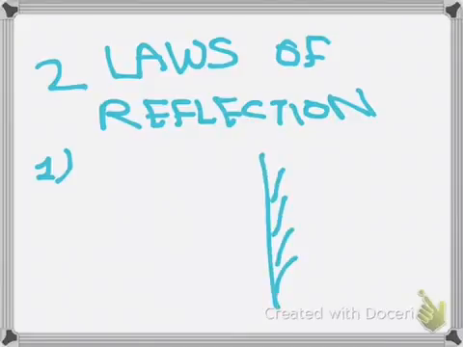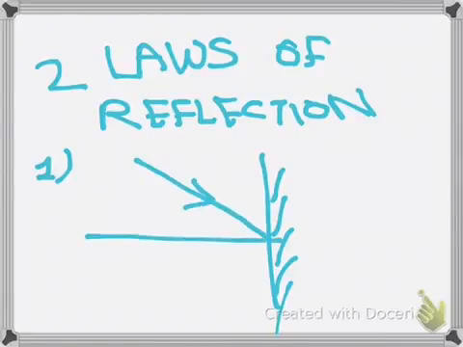So let us say this is a surface, this is a mirror. Here comes light, and this is the normal. And what is a normal? A normal is a line drawn perpendicular to the surface.